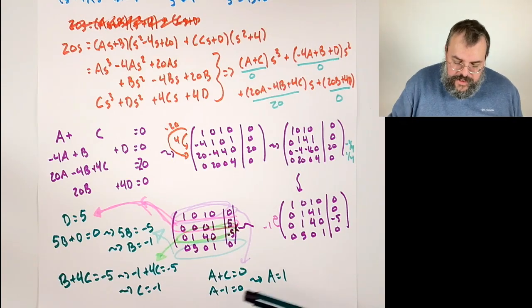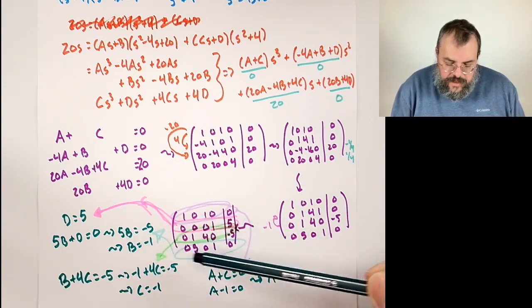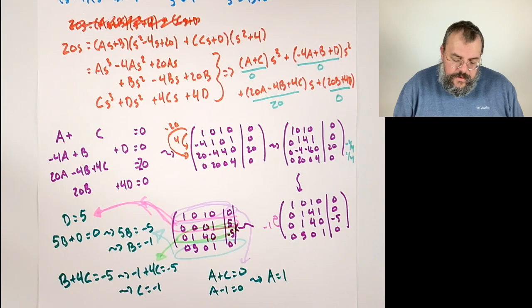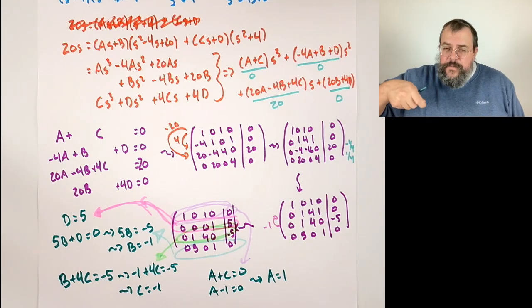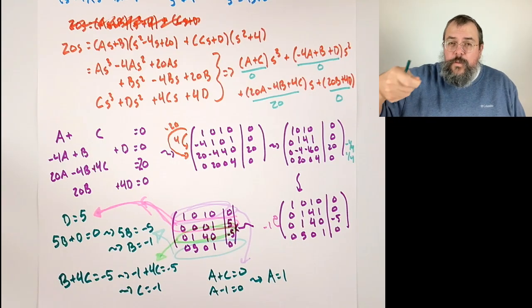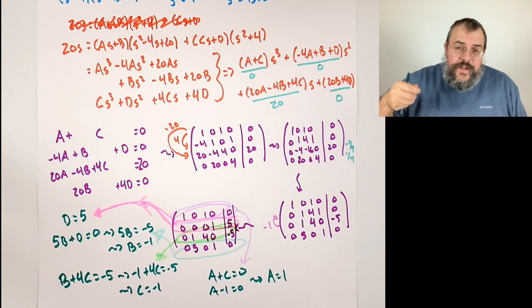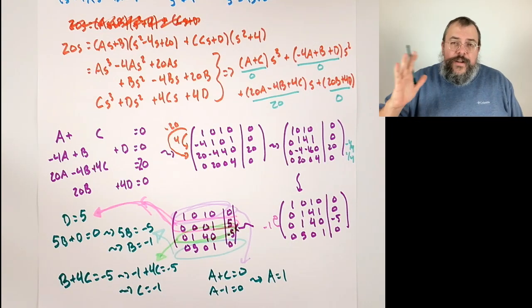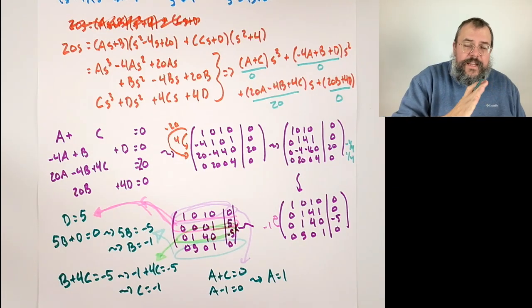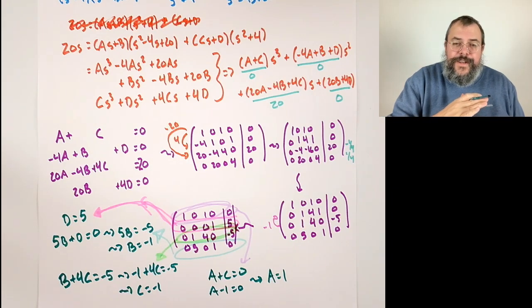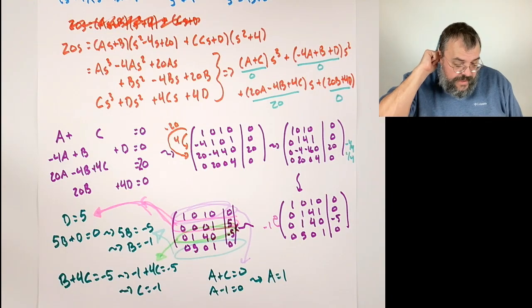Now, we could have kept going and doing more with this augmented matrix until we were satisfied that we'd knocked everything out. But once you have enough to sort of prime the pump, get the first term going, then you can oftentimes get this domino effect. It's like, okay, I have the first value, which gives me my next value, which gives me the next value, which gives me the next value. And so oftentimes we just need to start.